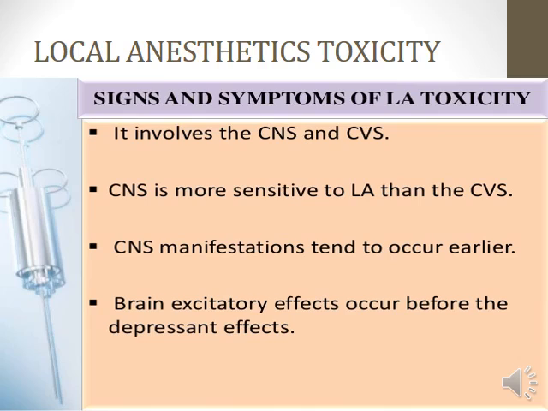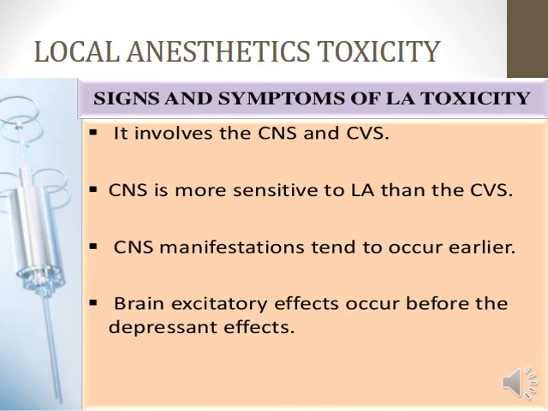As I've stated before, the CNS manifestations will come in the form of excitation of the CNS, that is, nervousness, anxiety, tremors, and even convulsions. And the brain excitatory effects occur before the depressant effects.